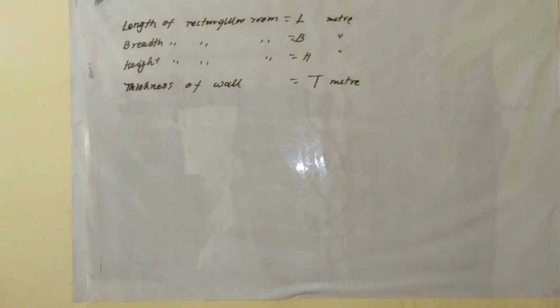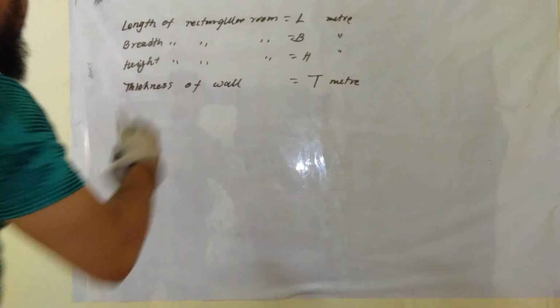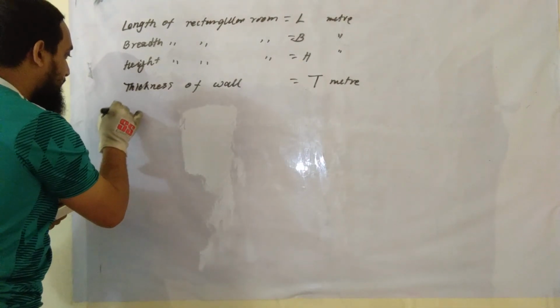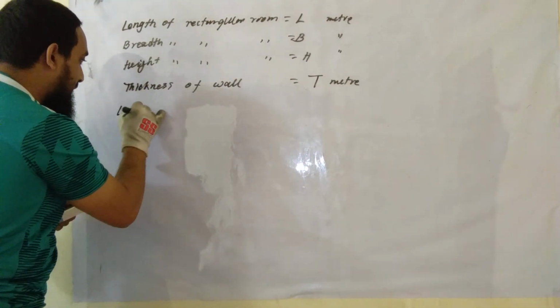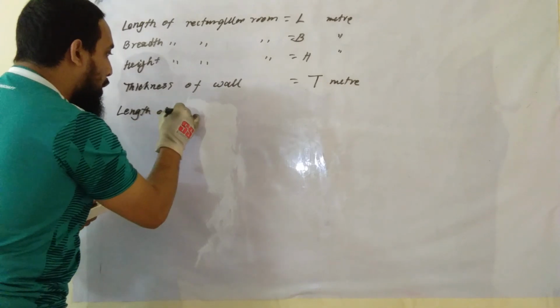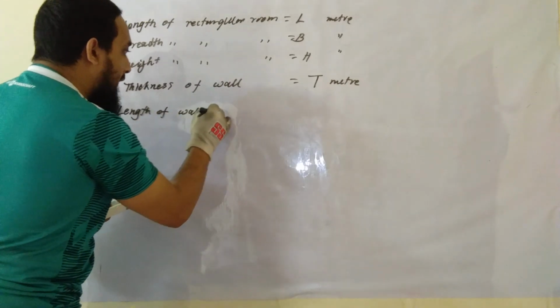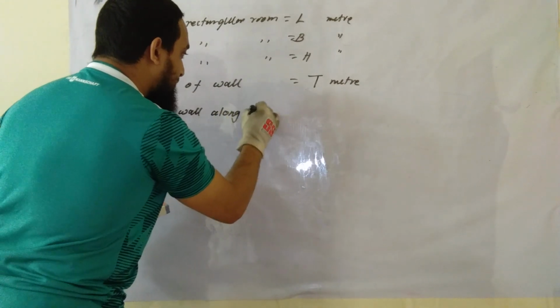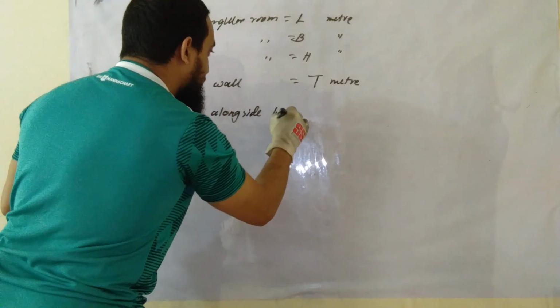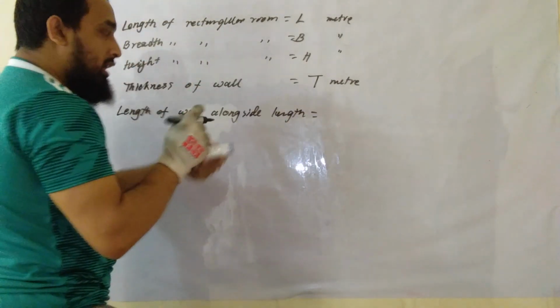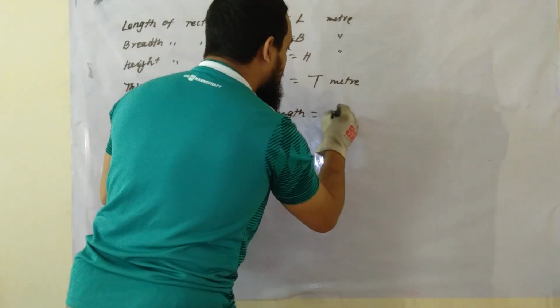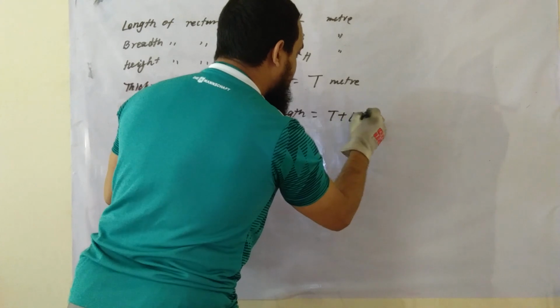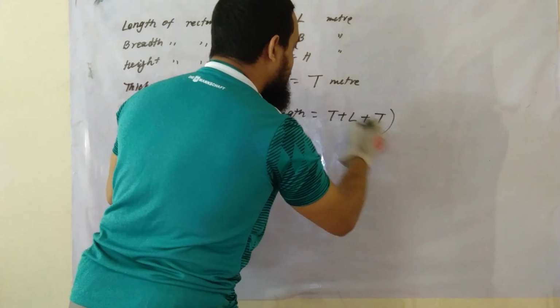So we can write the length of wall alongside length is equal to thickness plus length plus thickness meter.